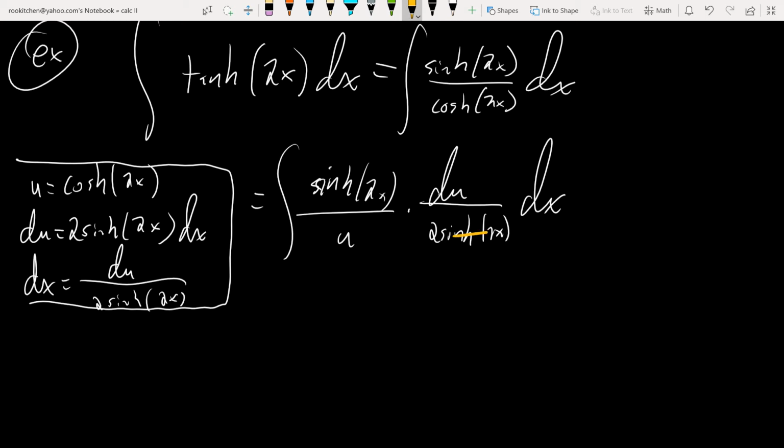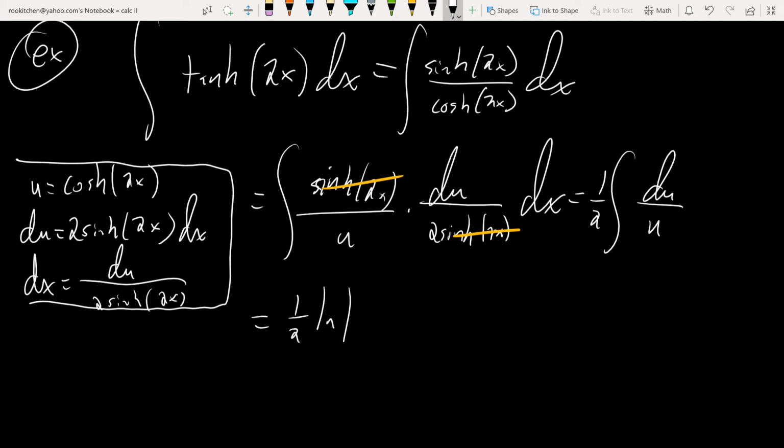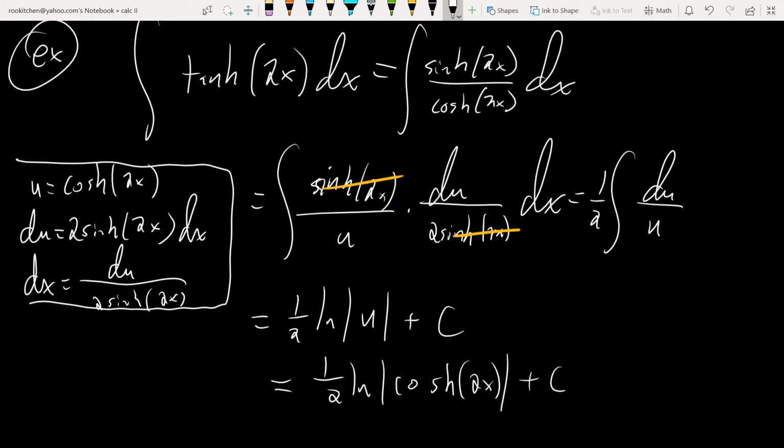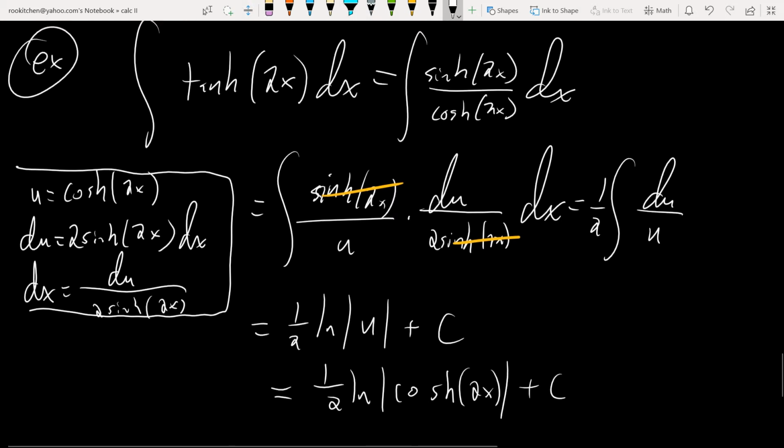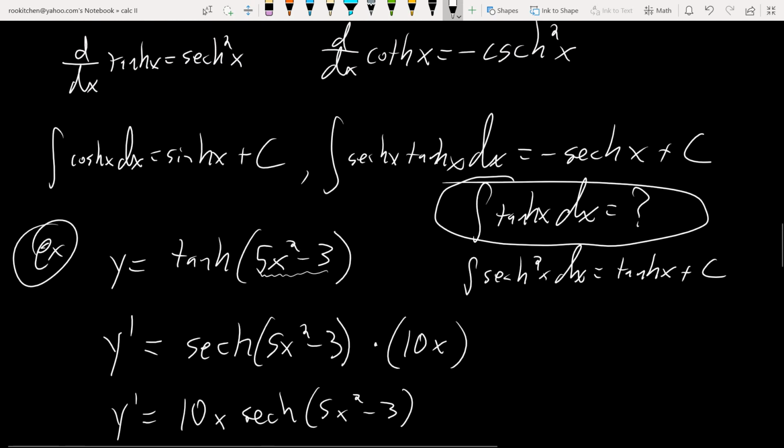Then you get a nice cancellation between the sinh, and you can factor out a 1/2 in this case, not a 2. u over u. And then it's ln, right? So it's 1/2 ln absolute value of u plus c, and then 1/2 ln absolute value of cosh of 2x plus c. I wouldn't expect you to have that one memorized, but any of these ones up here are fair game.